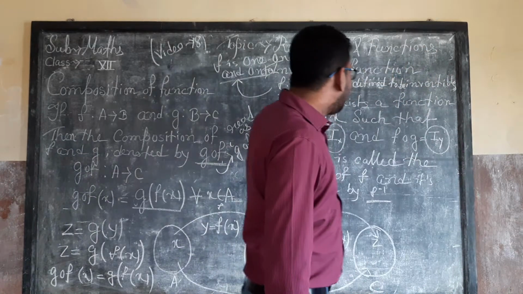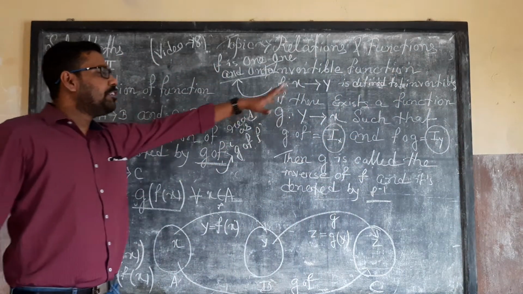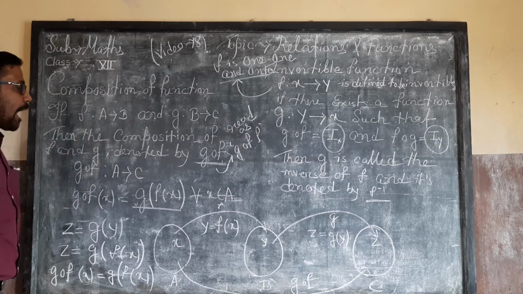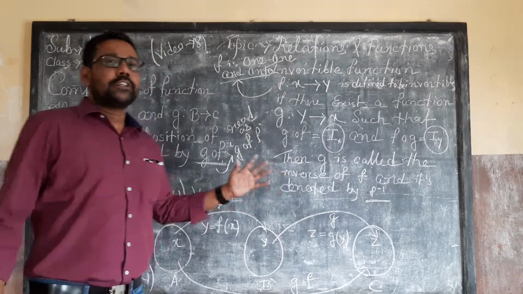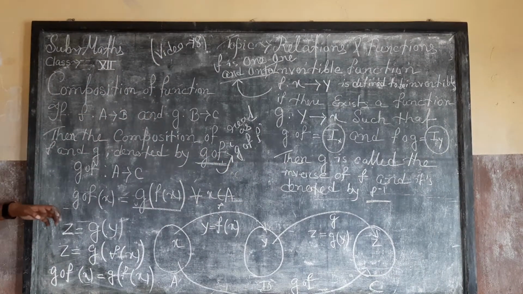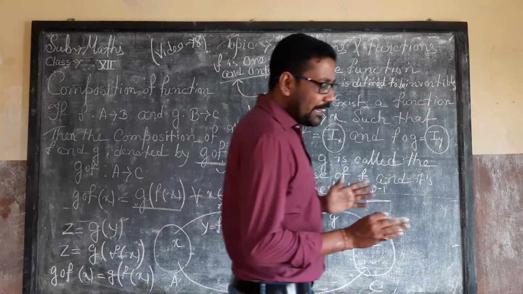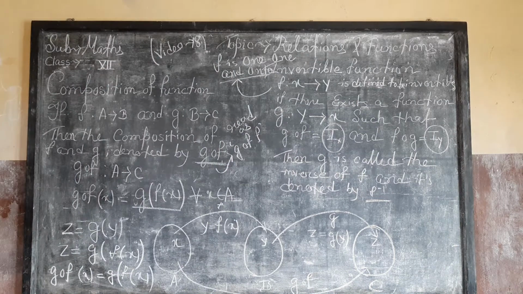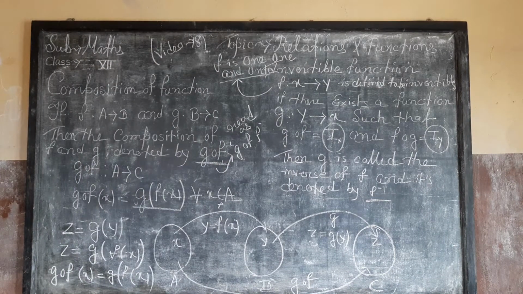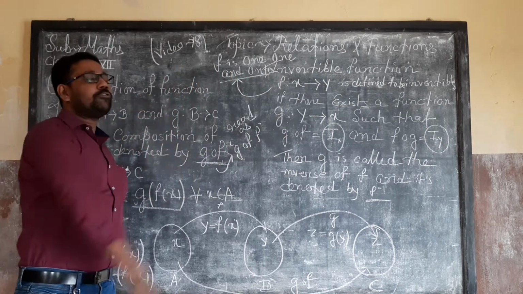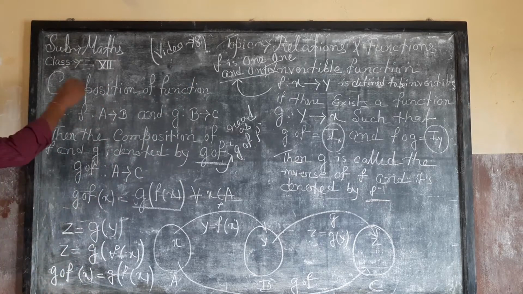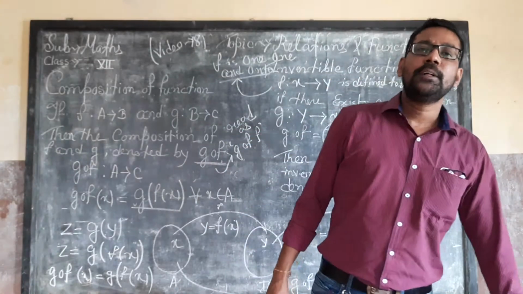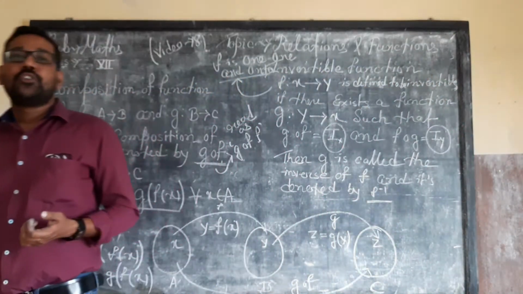The invertible functions concept is totally based on the composition of functions, and composition of functions is based on the fundamental concept of the function definition, as well as the one-one and onto criteria, which are involved in invertible functions.